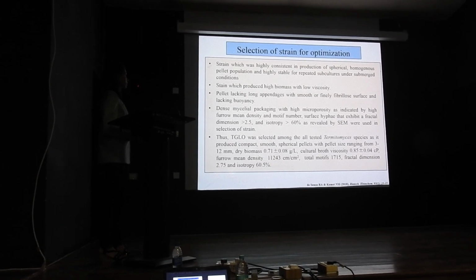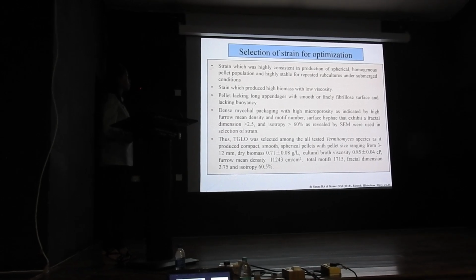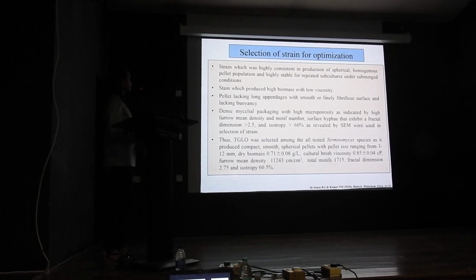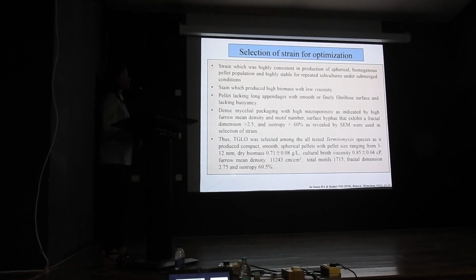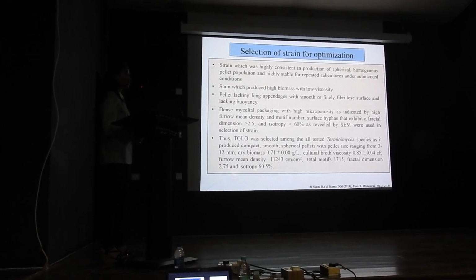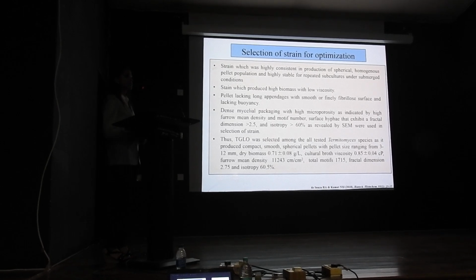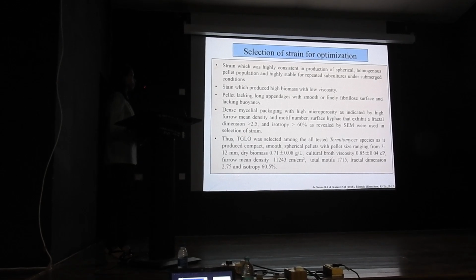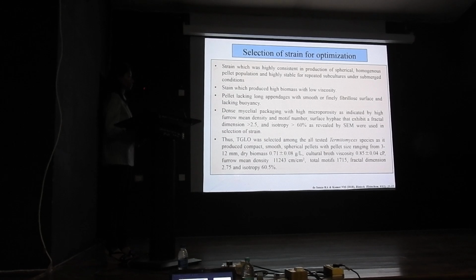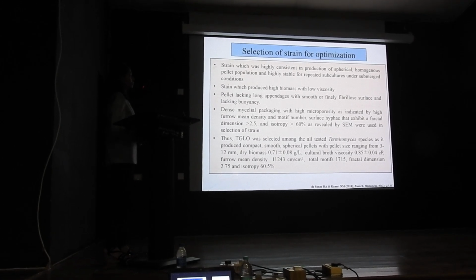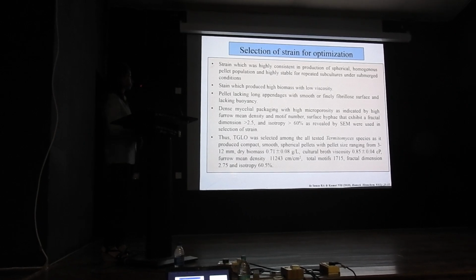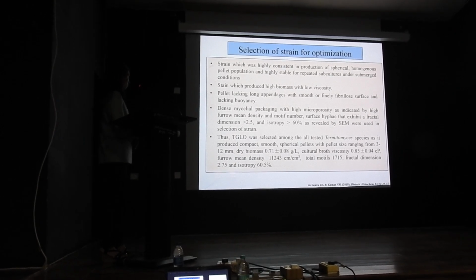So we conclude that Dermatomyces globulus was selected among all the tested Dermatomyces species, which produced compact, smooth spherical pellets with pellet size ranging from 3 to 12 millimeter, dry biomass of 0.71 gram per liter, culture broth viscosity of 0.85 cP, furrow density of 11243 centimeter per centimeter square, total motifs of 1715, and fractal dimension 2.75 with isotropy of 60.5%.